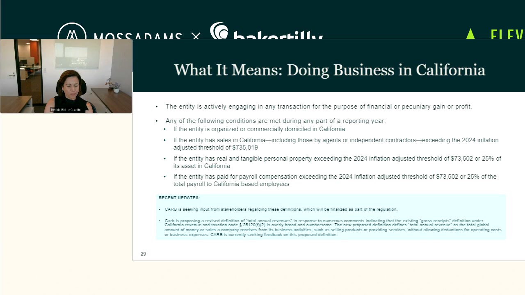They also did come out in their last workshop and said that they were also considering looking at publicly available databases where they can come up with who they think are the companies that should be complying with the regulation. And they did say they are going to be issuing that in coming weeks.